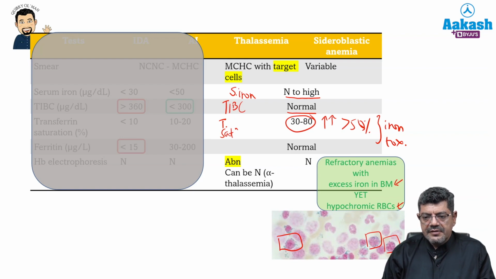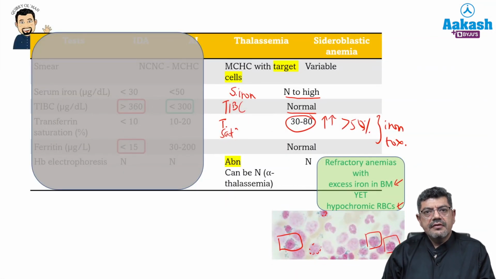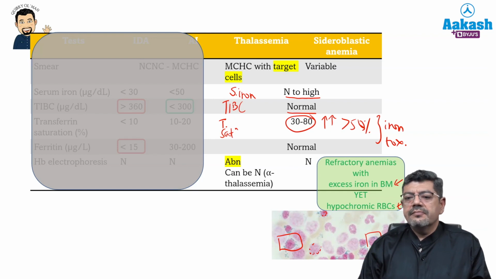Iron is typically arranged in a horseshoe manner around the cell, in a ring-like or horseshoe manner. Siderotic granules is what you'll see, and that reflects that there is excessive iron in the bone marrow. And on the peripheral smear of this patient, you get hypochromic RBCs. So when you get that combination, you're dealing with sideroblastic anemia, right?